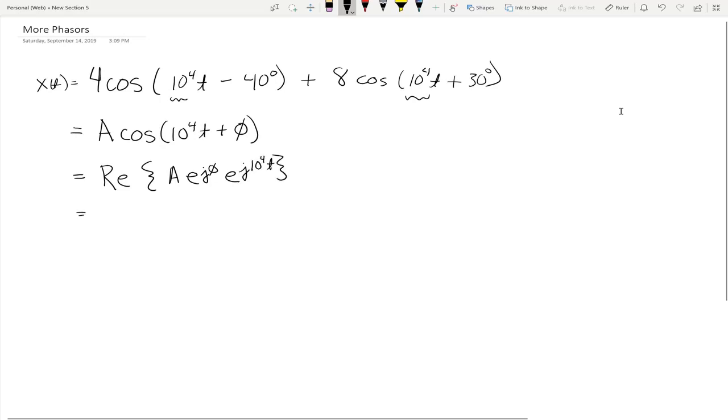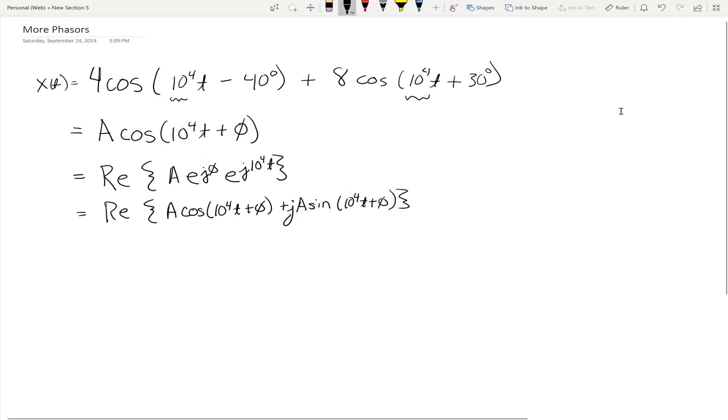And if I'm not sure why that is, I can expand out the inside of this expression here, and I can say this becomes A cosine (10 to the fourth t plus phi) plus A j sine (10 to the fourth t plus phi).